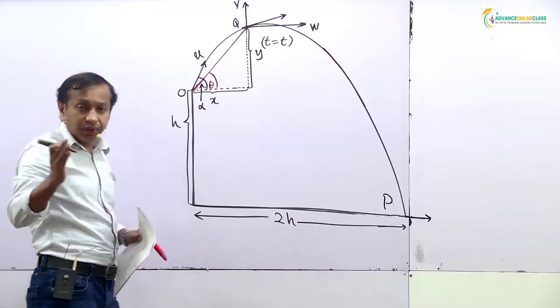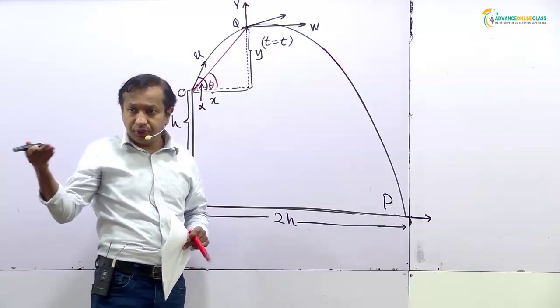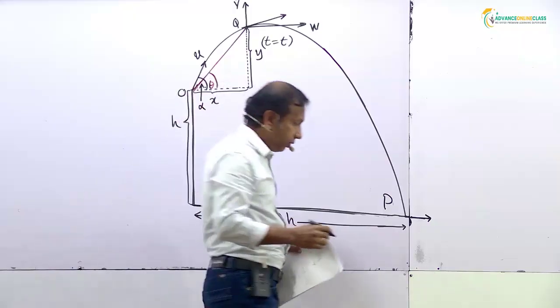During projectile motion, the horizontal velocity component does not change: u cos alpha.